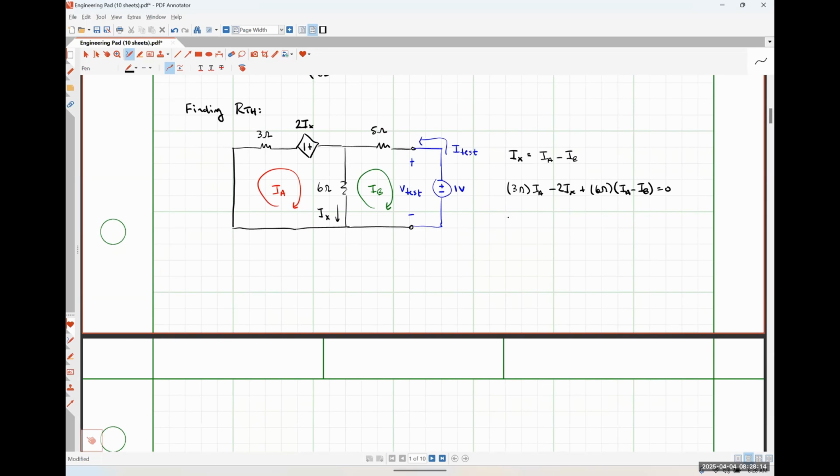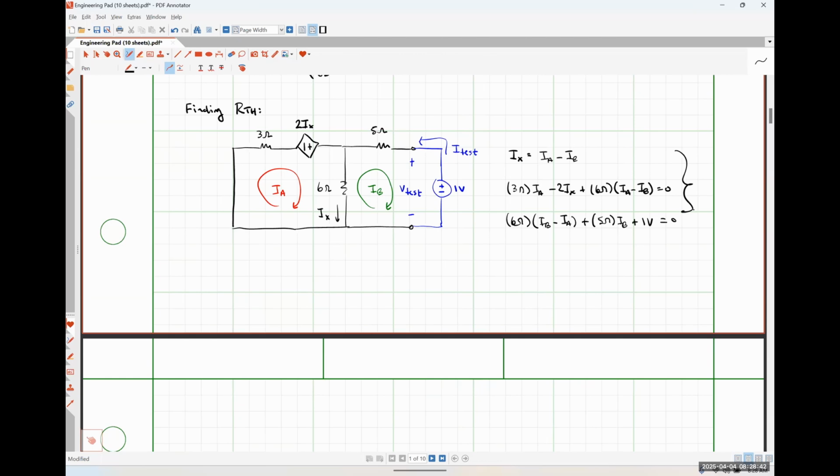Around mesh B, we're going to have 6 ohms times IB minus IA plus 5 ohms IB plus 1 volt is equal to 0. I don't think I've made any mistakes here, but let me just double check. 3IA minus 2IX, 6 times IA minus IB closes that loop, so equals 0. 6 times IB minus IA, 5IB, plus 1 volt, back where I started.